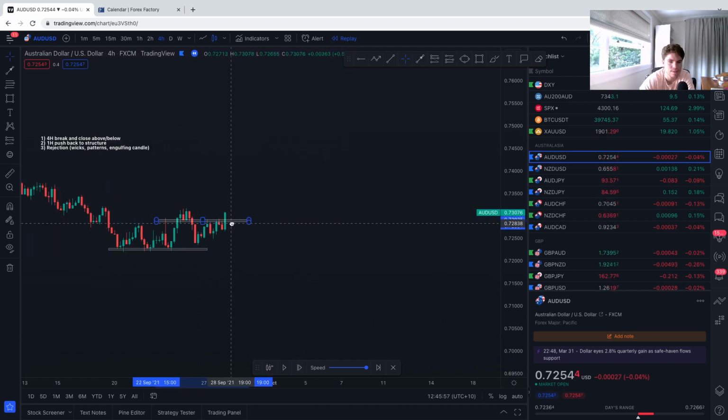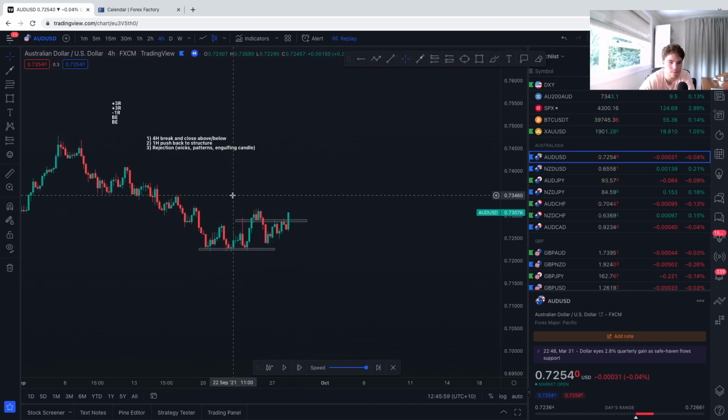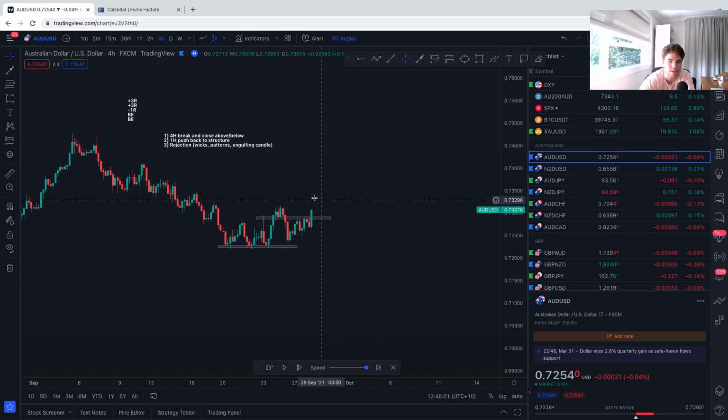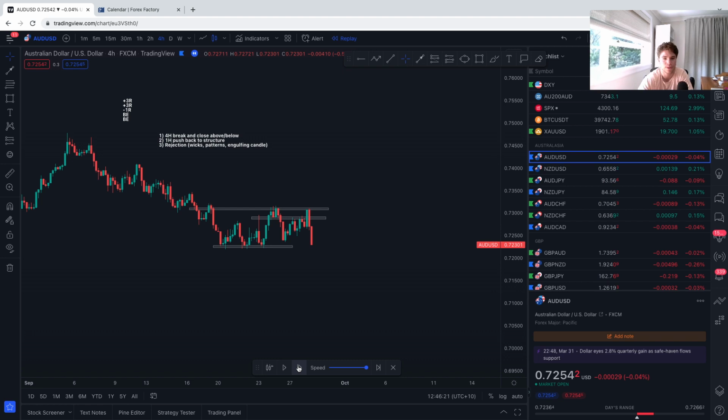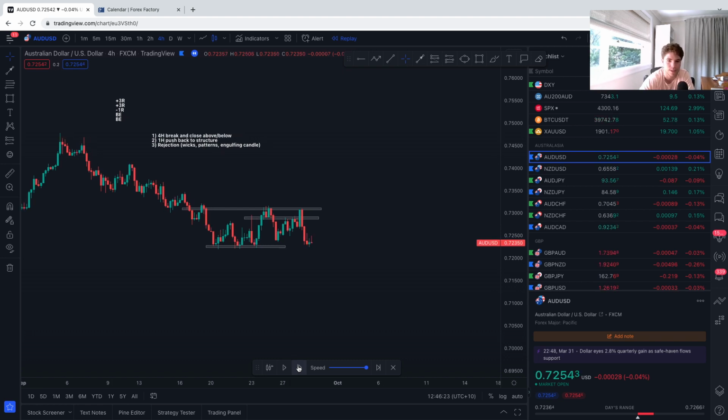I'm not a massive fan of this because we have this structure up here as well. So I'm not going to take this just because we have this strong structure over here. Even though we've broken above the previous high, you got to be able to look a bit and see what the probabilities are. So we wouldn't have entered that either way because we didn't get the rejection.